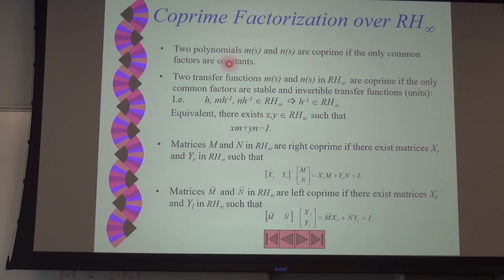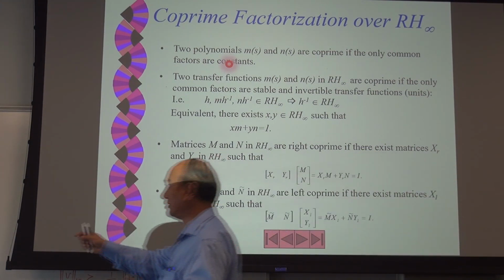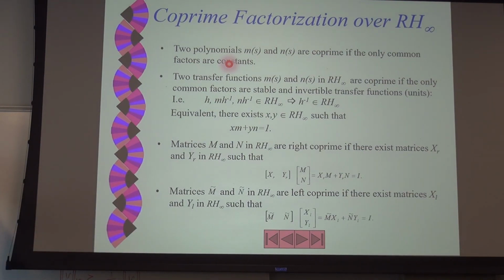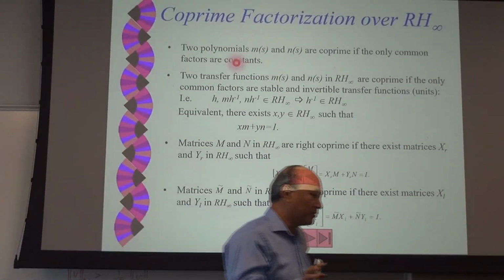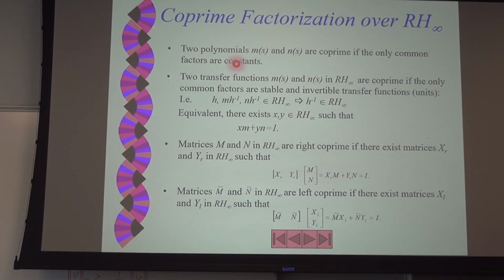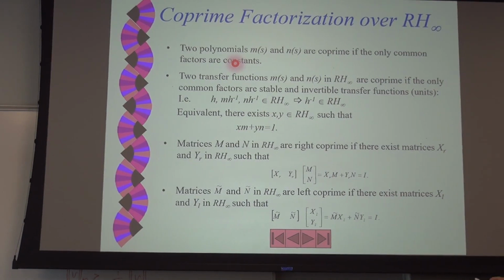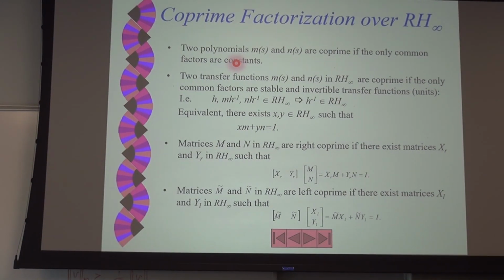You can write it in this manner or this manner, and they could be different. So there is left or right coprime factorization. It's allowed to have common factors, but those common factors must be stable and invertible.